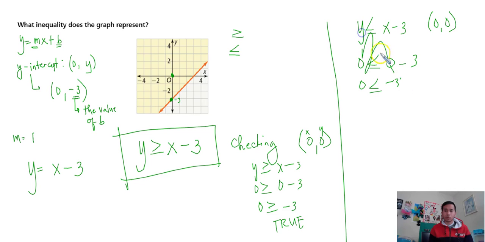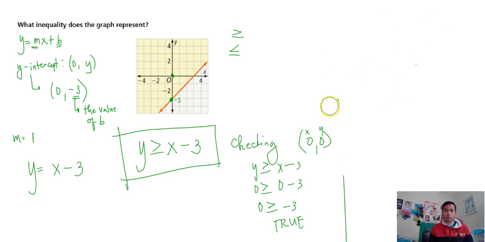So that's not our solution there. Our answer here must be y is greater than or equal to x minus 3. The graph is shaded above the boundary line, and the boundary line is solid, so the inequality is greater than or equal.